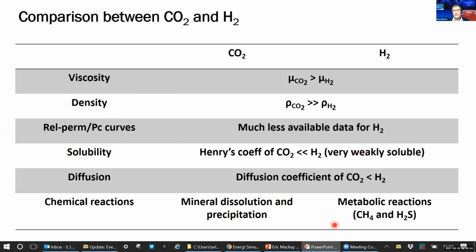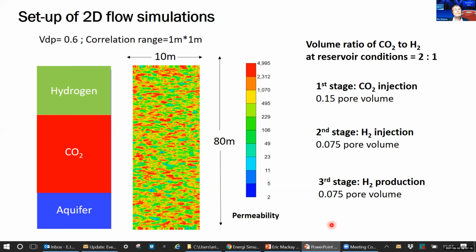Although the hydrogen has got a very low solubility, we can still get methane and hydrogen sulfide formation. We've not started doing that yet, but there may be some need to model hydrogen solubility in the aqueous phase as well.